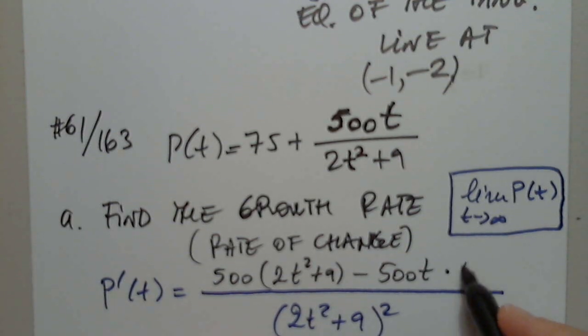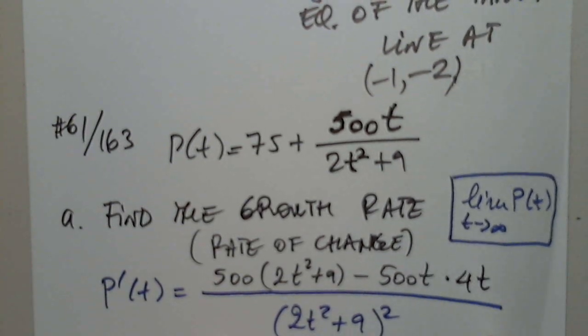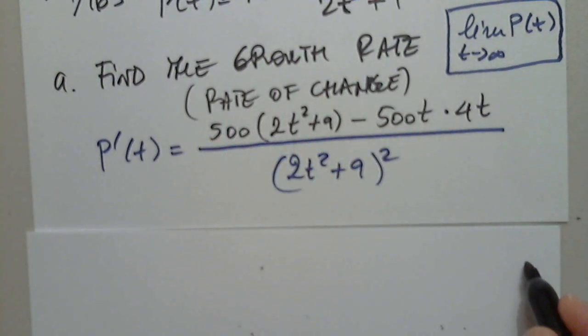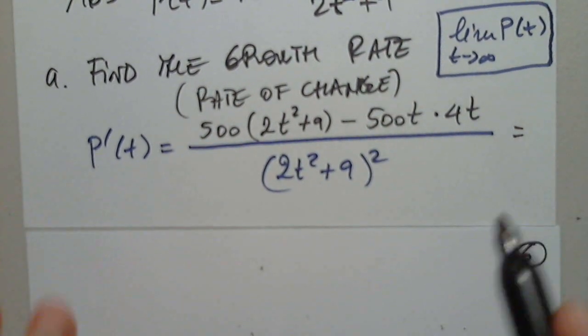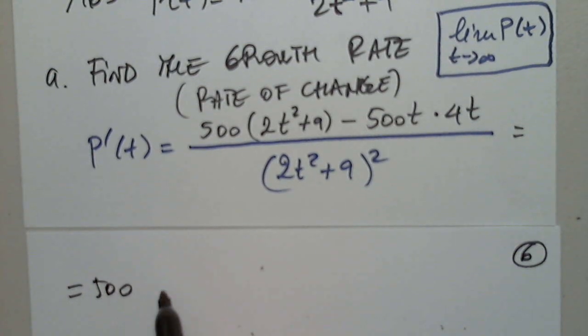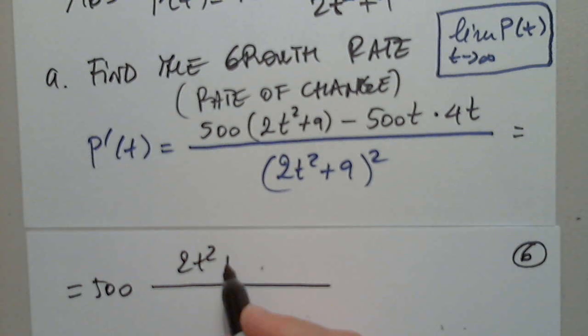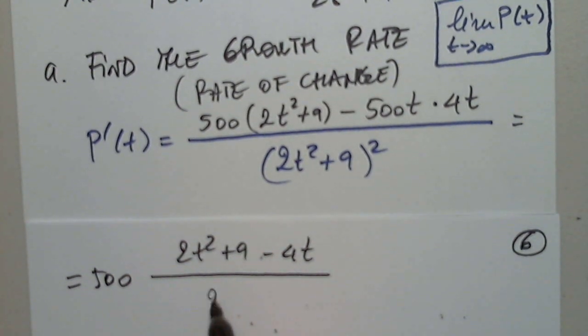Say it again. 40. Excellent, 40. So I have to distribute. I would rather factor out that 500 because it comes out from both. So 500 times (2t squared plus 9 minus 4t) divided by (2t squared plus 9) squared. Very good. That was part A.